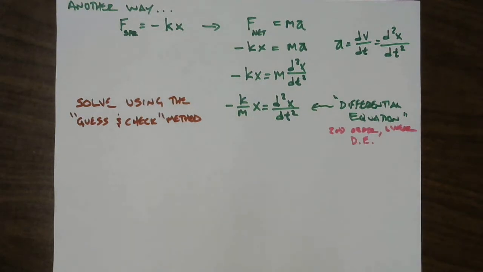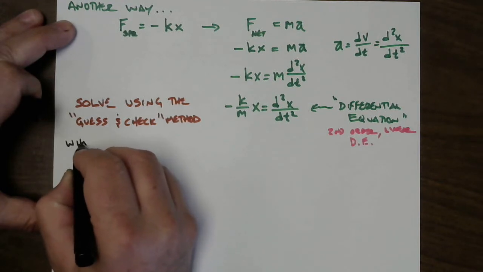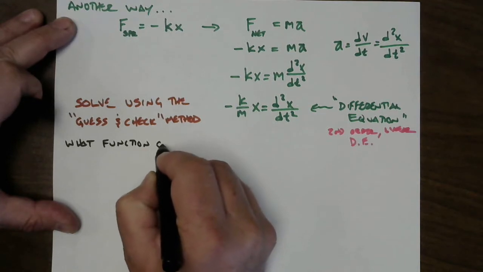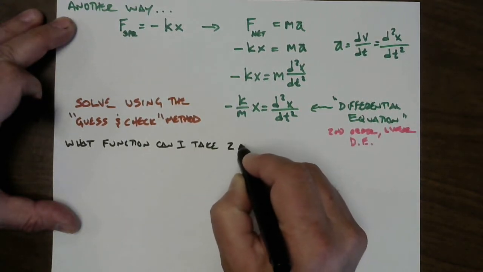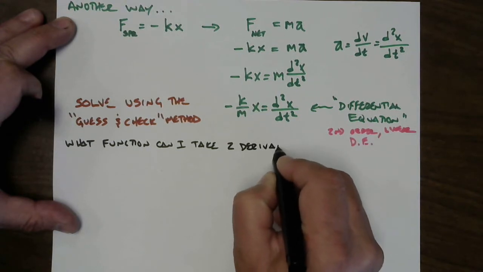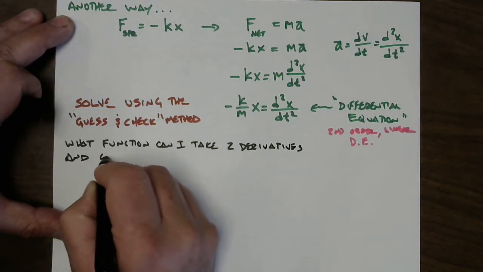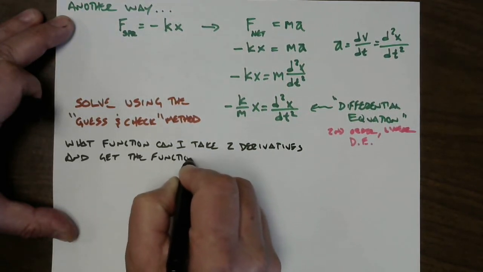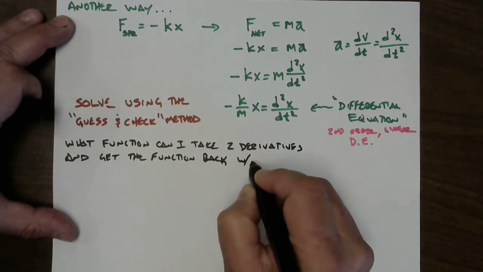So we have to ask ourselves the musical question: what function can I take two derivatives and get the function back with a negative sign?